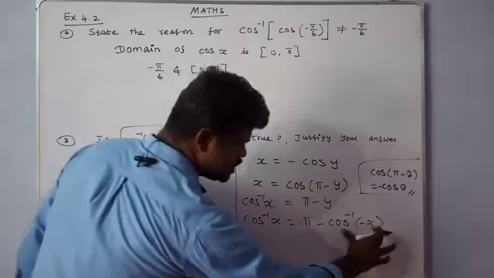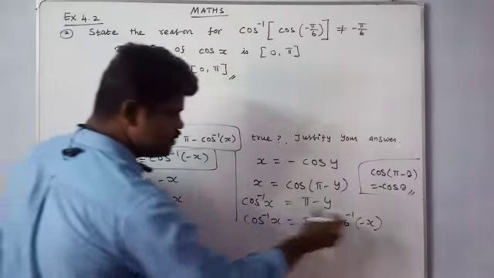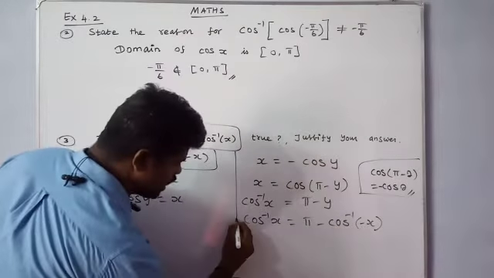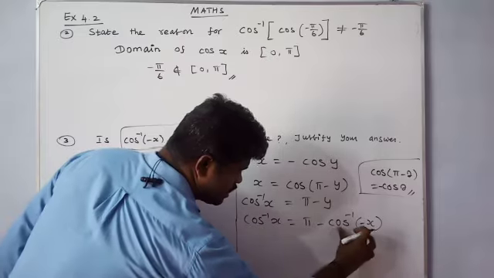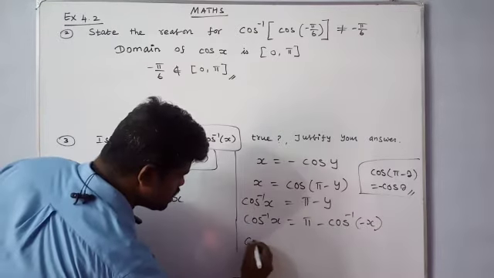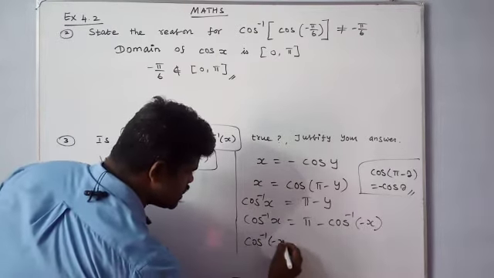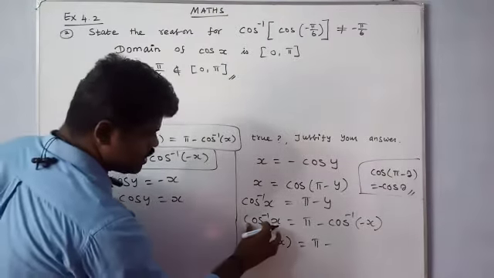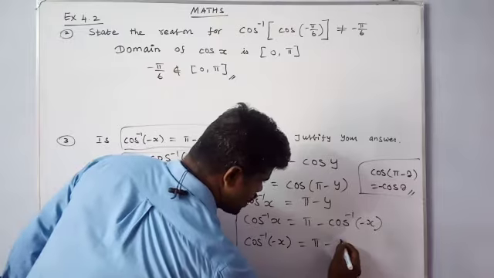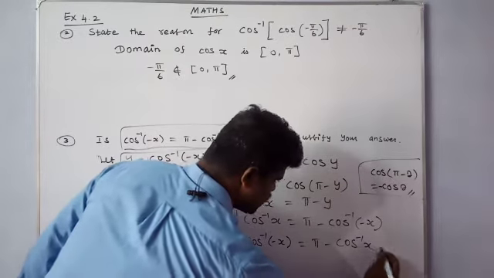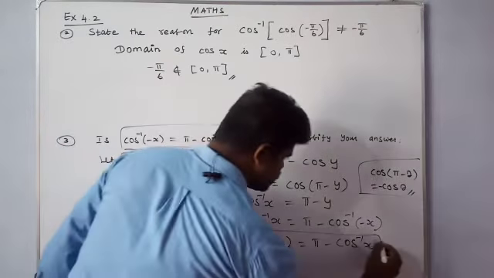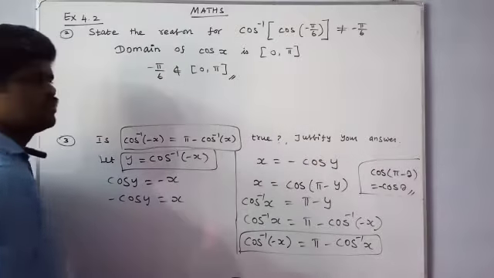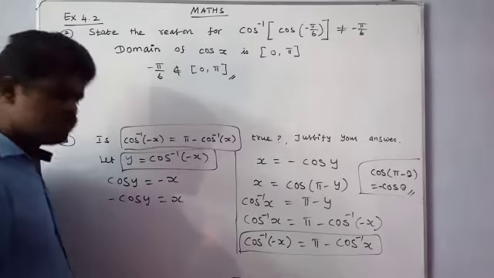And we change this value to this side and that value to that side. So now we can write minus cos inverse of minus x, come to this side, plus cos inverse of minus x is equal to pi minus cos inverse x. So this value is proved. So this statement is true.